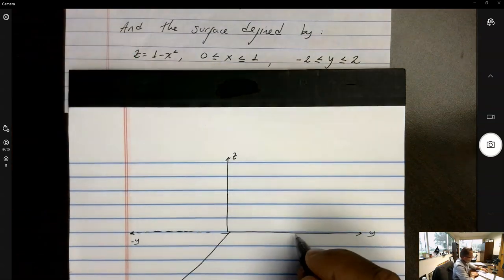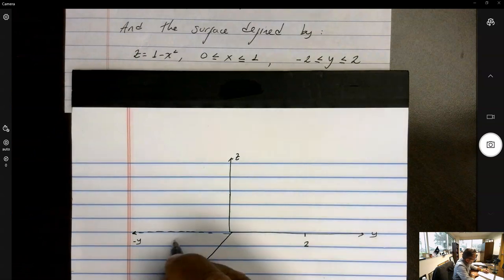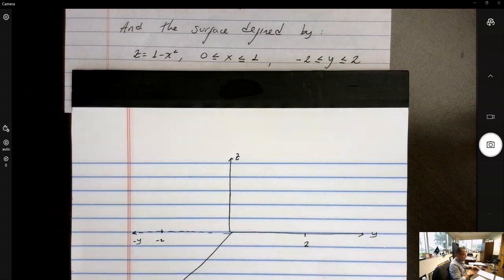So let's say that this is 2, and here we have an equidistant away minus 2. It's sort of equidistant.